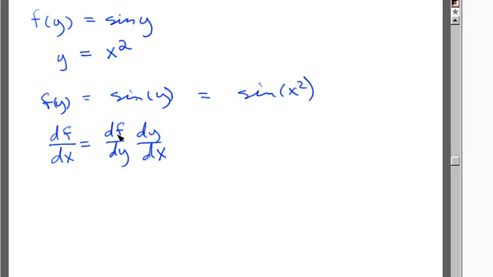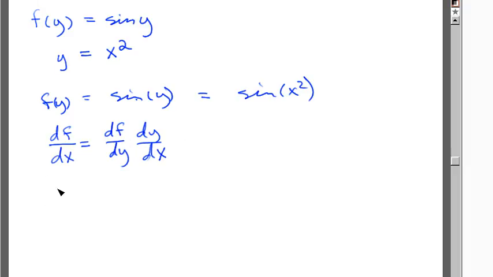These are not ratios, but this represents the derivative of f with respect to y. But if we looked at them as just algebraic ratios, we could see it's as if the dy's just cancel out, and you're left with df by dx.